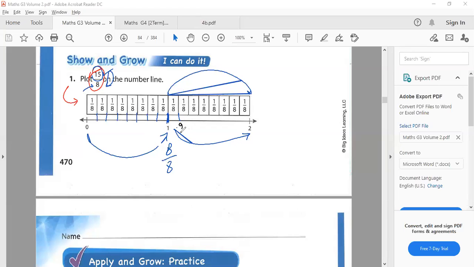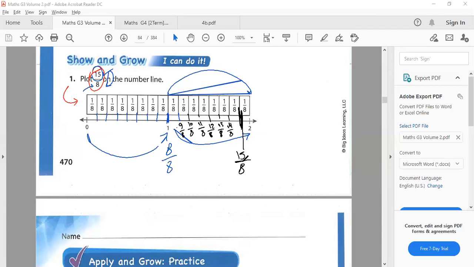Then it will be 9 over 8, 10 over 8, 11 over 8, 12 over 8, 13 over 8, 14 over 8, and finally 15 over 8.